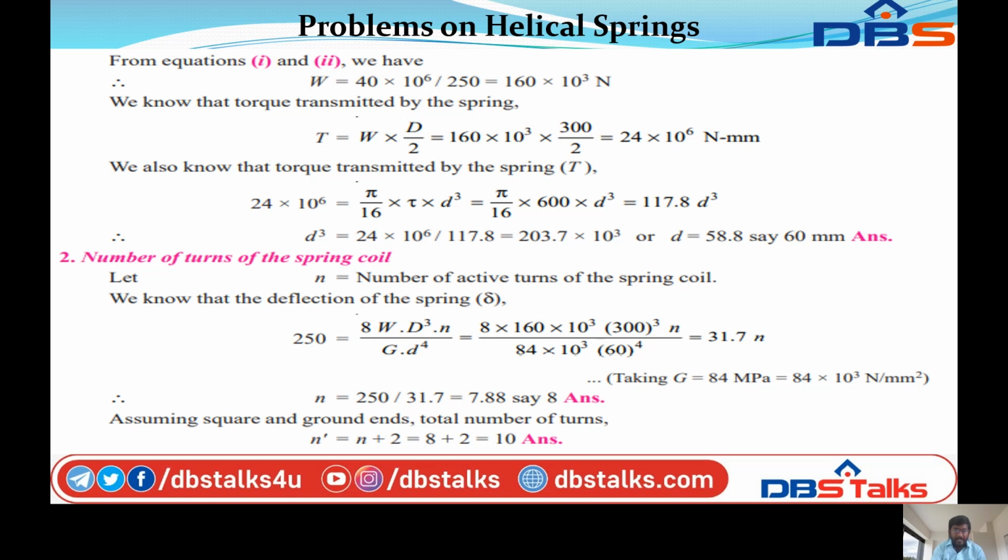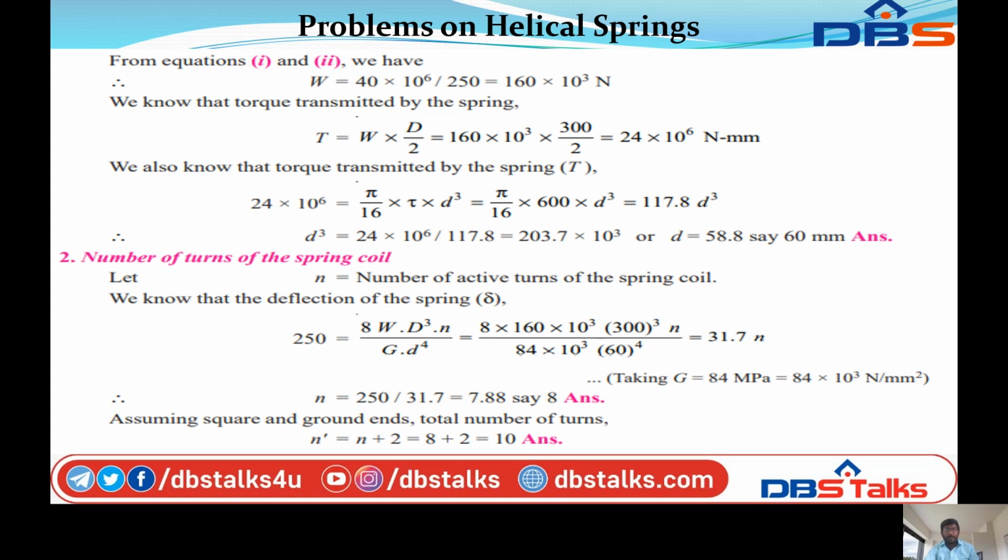Calculating the value, d cube is equal to 24 into 10 power 6 divided by 117.8. So finally d cube is equal to 203.7 into 10 cube, or d is equal to cube root of 203.7 into 10 cube. Small d is equal to 58.8. This will be rounded to 60 mm.